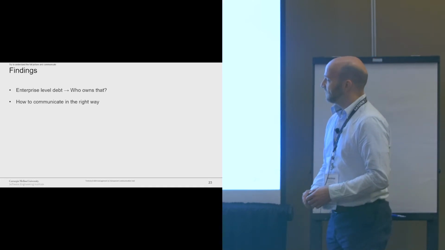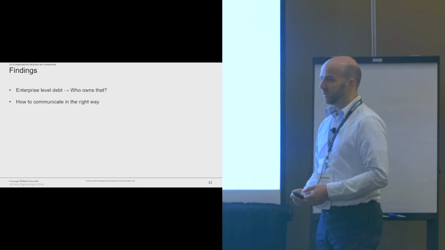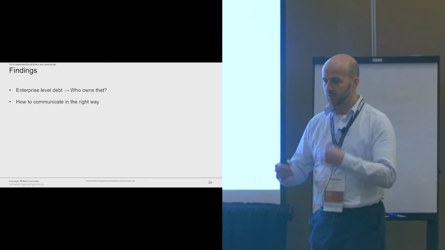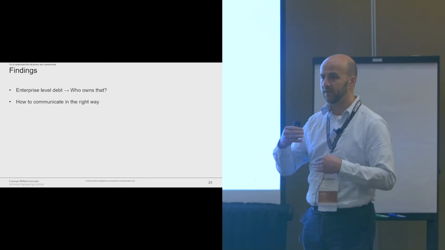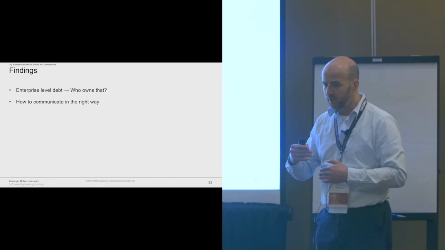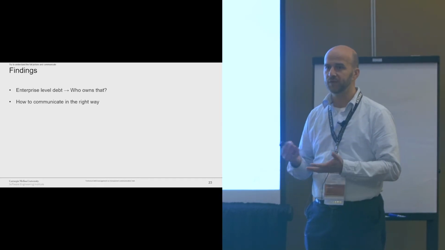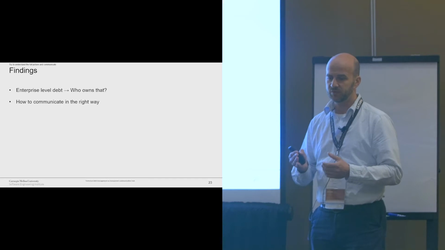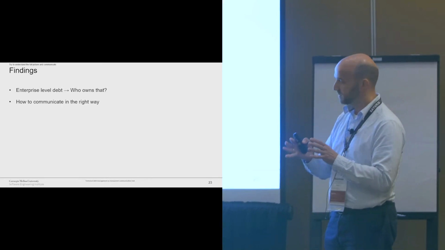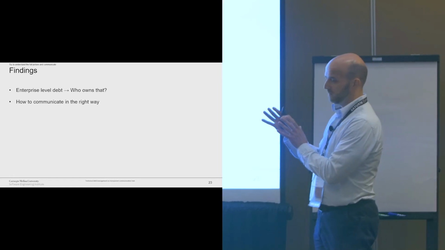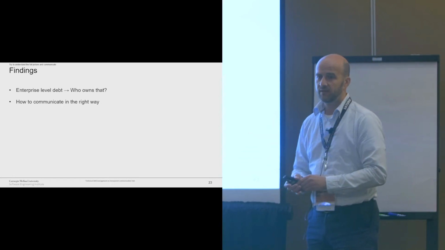Next finding is the question how to communicate in the right way. That was one of these feedback loops and the way to even improve the guidelines I showed you. The distinction between the problem, the consequence or the implication, and the proposed solution.